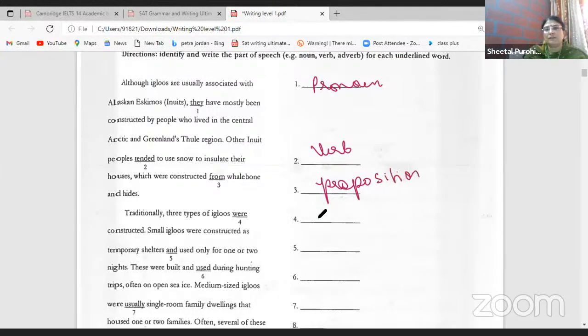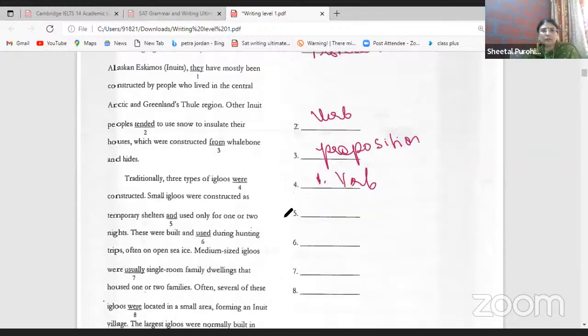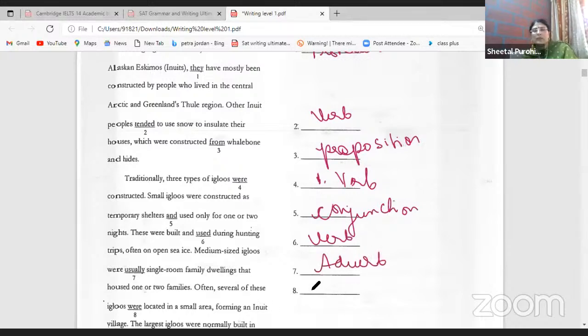Fourth one is a verb, 'were'. Then the fifth one is a conjunction. Sixth is a verb. Seventh is an adverb. Eighth is again a verb. Make a note of it, all of you.